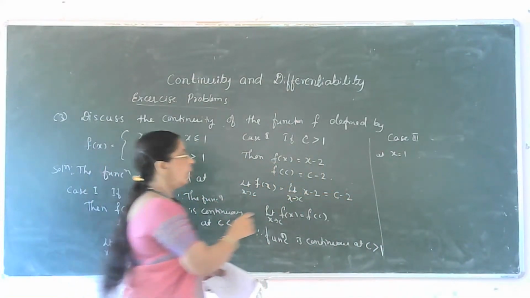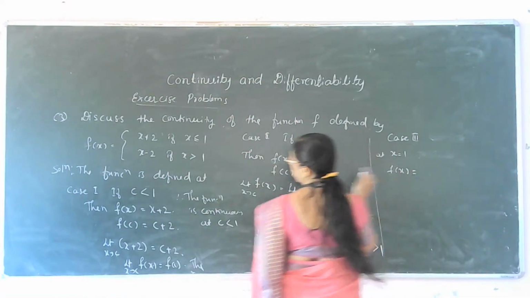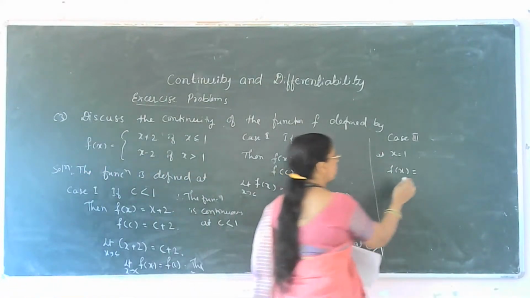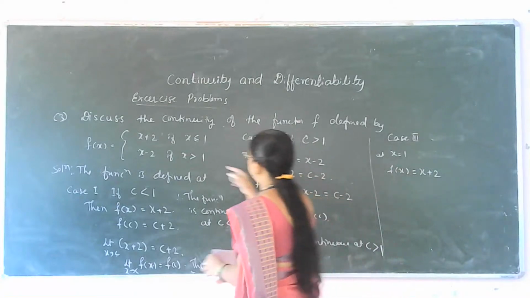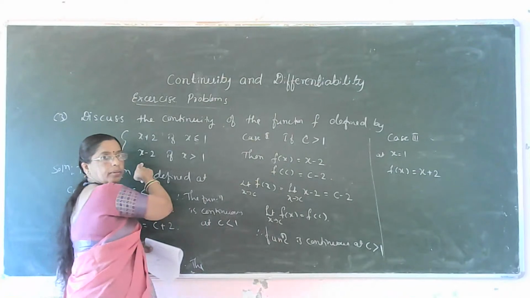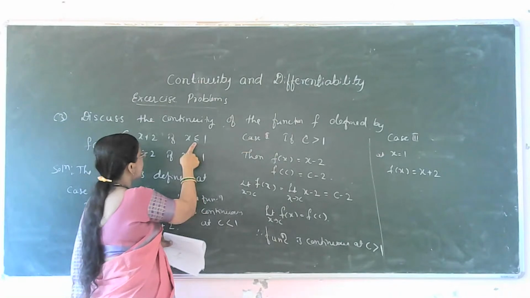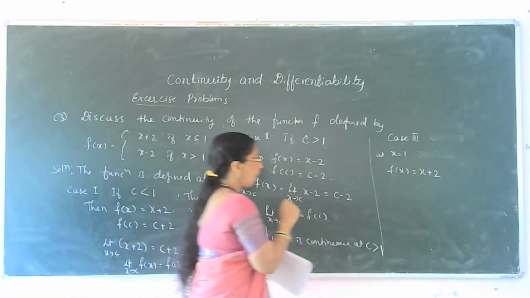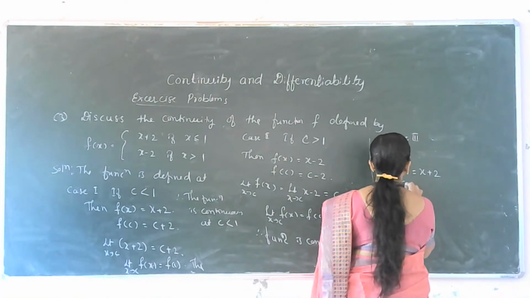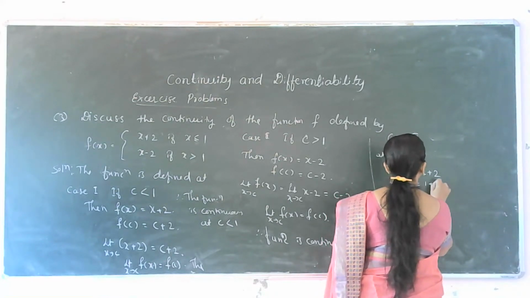No. At x equal to 1, if the equal sign is with the x minus 2 part, we would take x minus 2, but here the equal sign is with the first part, therefore we take f of x equal to x plus 2. Then f of 1 is equal to 1 plus 2, which is equal to 3.